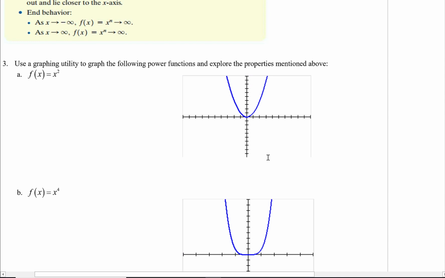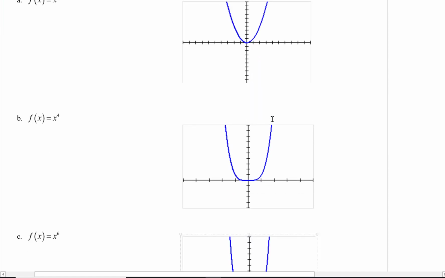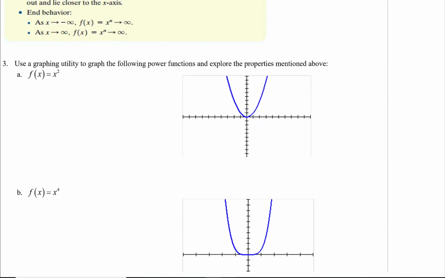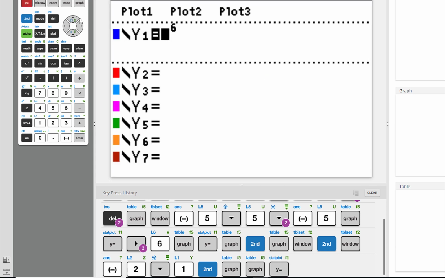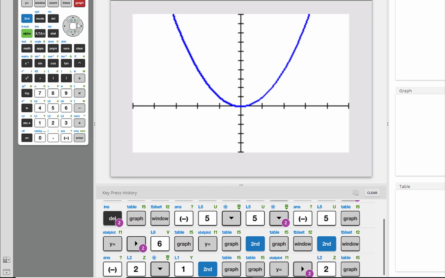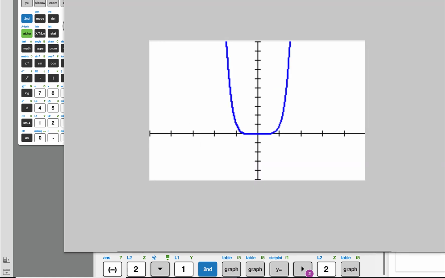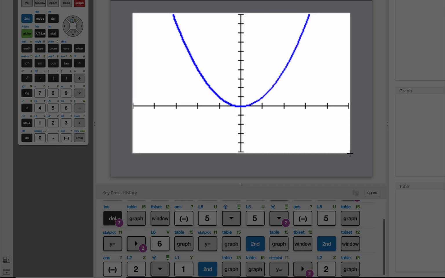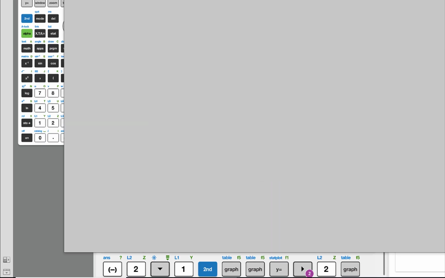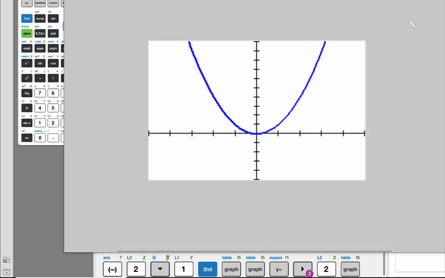Excellent. Okay, now let's go ahead and explore the properties that we have mentioned above. So this graph, you know what I'm going to do before I do that? I'm going to actually fix the y equal to x squared so that it has the same window measurements that my other ones had. That way, as we're comparing them and we're looking across all of them, there's a better basis for comparison.